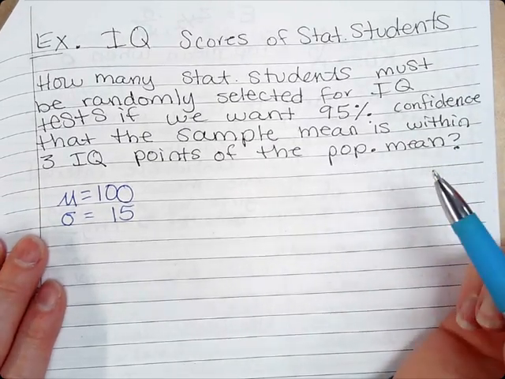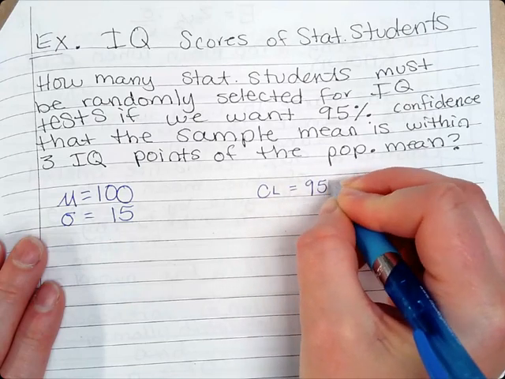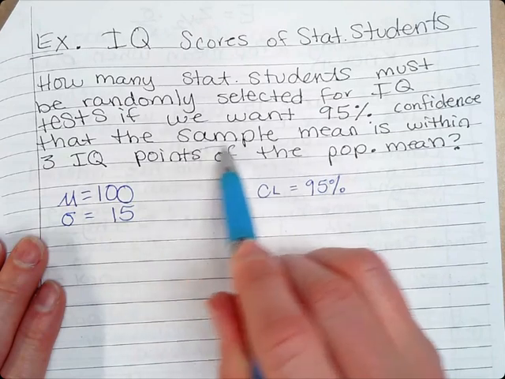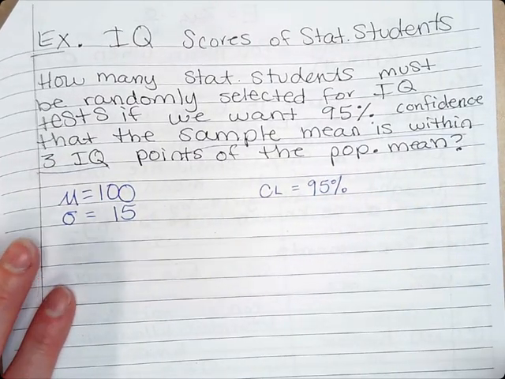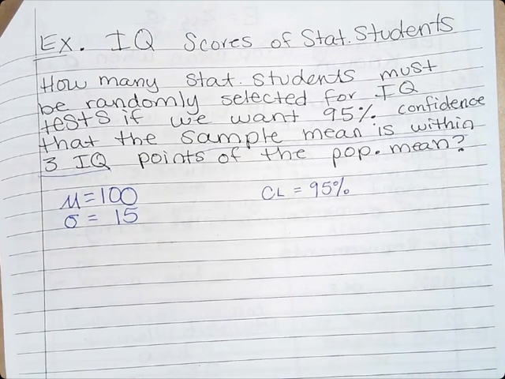So we know that our confidence level is 95%. If they say we want the sample mean to be within 3 IQ points of the population mean, what does that mean? What do we want the sample mean to be? Within 3 points of that 100.